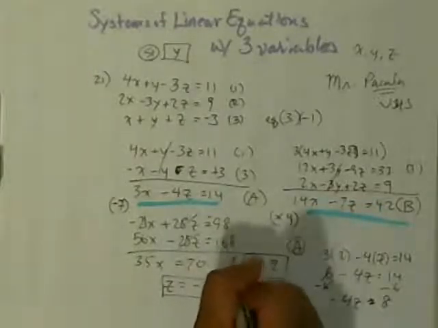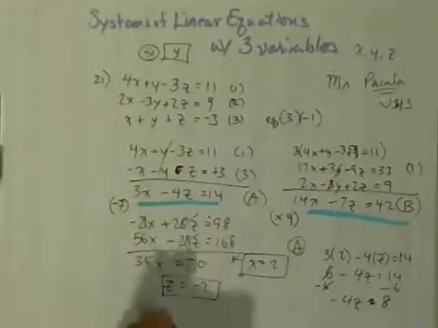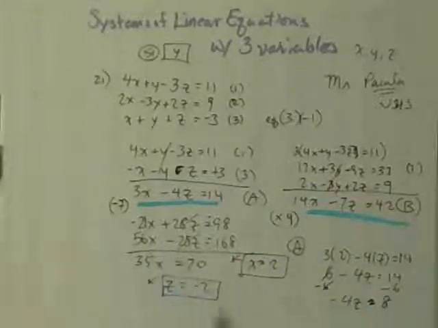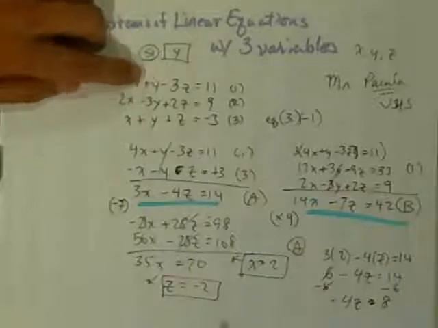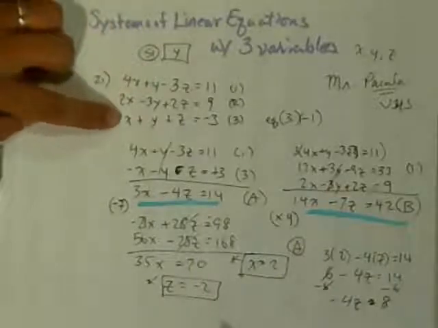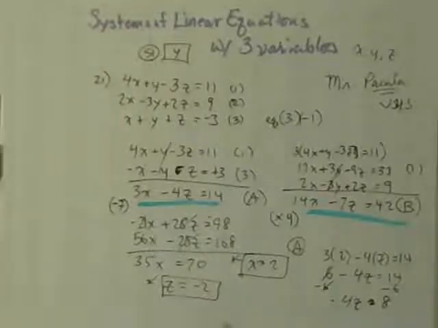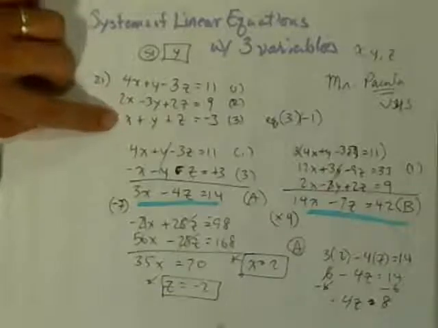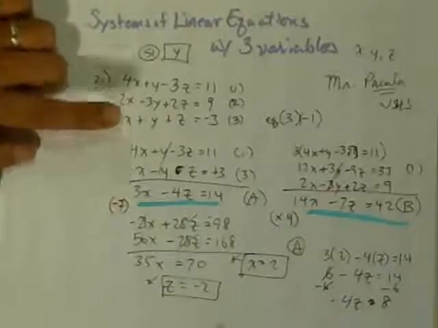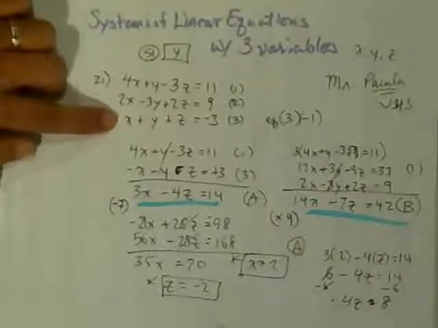So you have your first part, x is equal to 2, z is equal to negative 2. We're going to plug into one of the equations at the very beginning, either 1, 2, or 3. You can choose whichever one you want. Let's use this one, equation 3, because it's the easiest to work with.